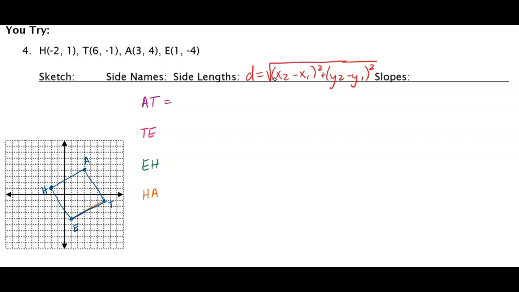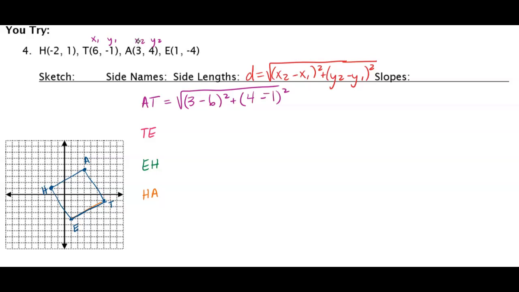All right, so let's take a look here. A and T, I'm going to label them up here. So I'm just going to say that this is x1, y1, x2, y2. And I am going to set up my distance formula so that all I have to do is plug in my numbers. So x2 minus x1 would be 3 minus 6. And then y2 minus y1 would be 4 minus -1.